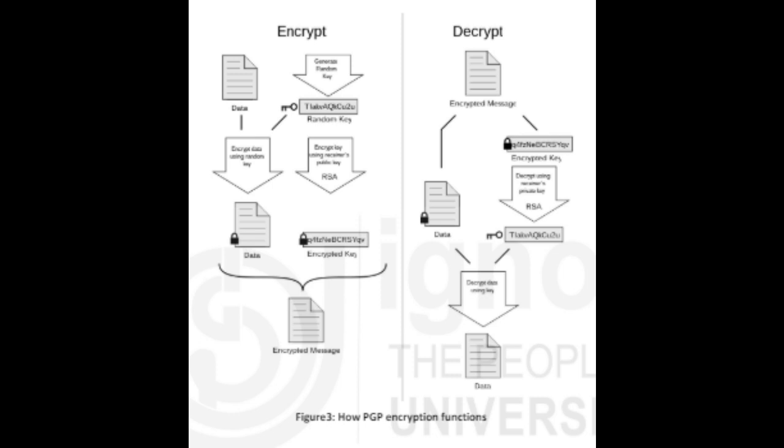Look at the screen, Figure 3. How PGP encryption functions. The process of decoding works in the opposite direction. PGP recovers the brief session key using the beneficiary's private key, which PGP then uses to unscramble the conventionally scrambled ciphertext. The combination of the two encryption algorithms combines the convenience of public key encryption with the speed of conventional encryption.